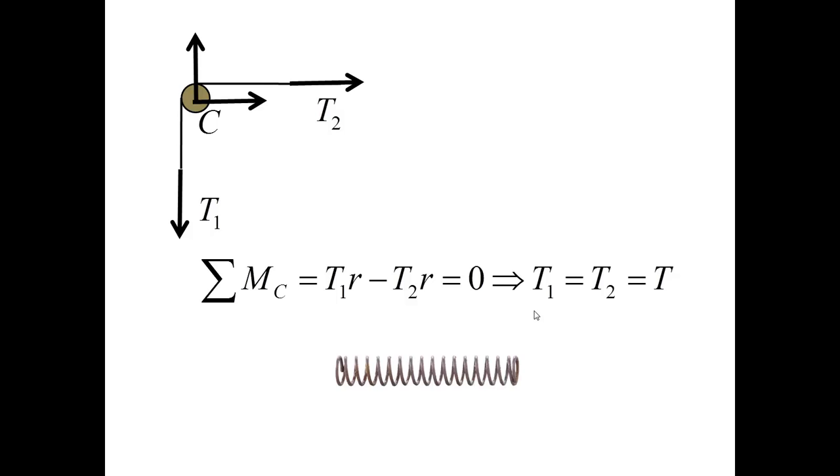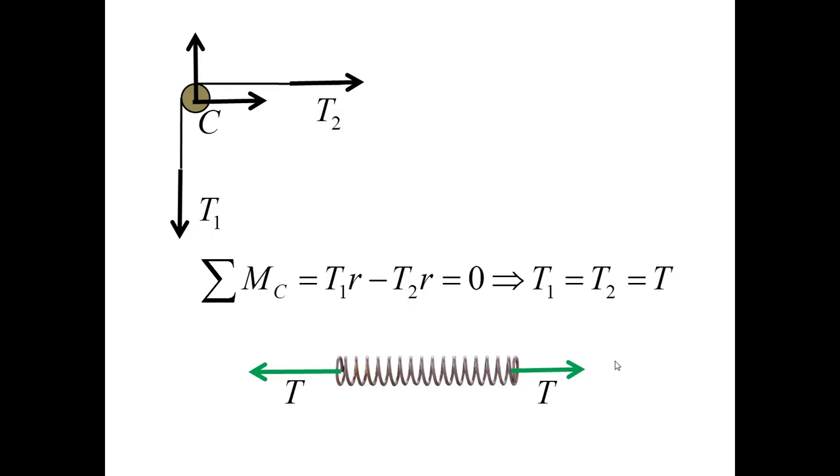Also, I can quickly recognize that since the force T2 is equal to T, then the equilibrium of the spring simply says that the spring is stretched by two forces T.